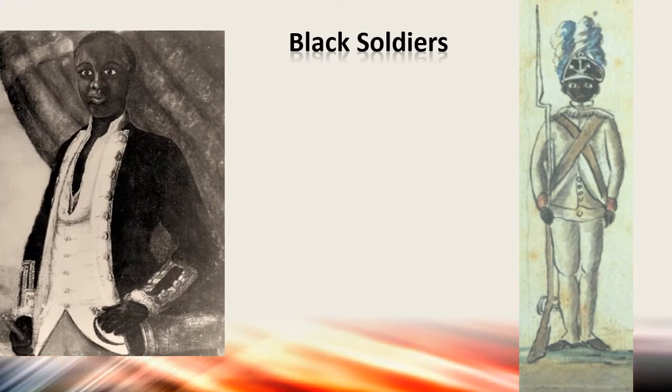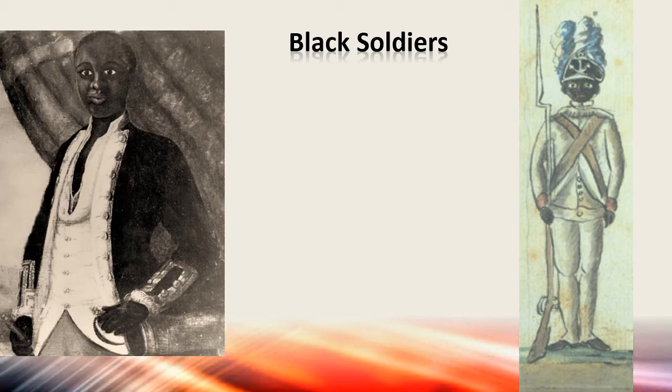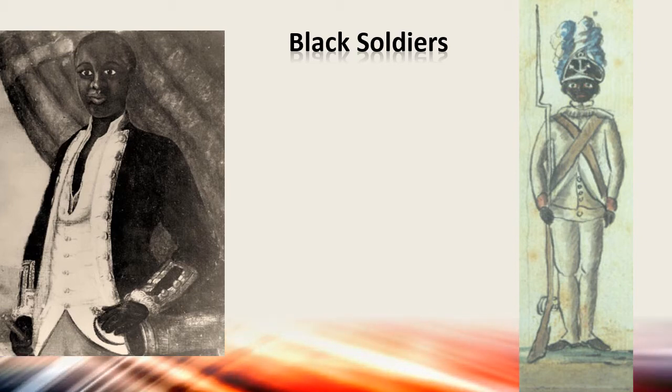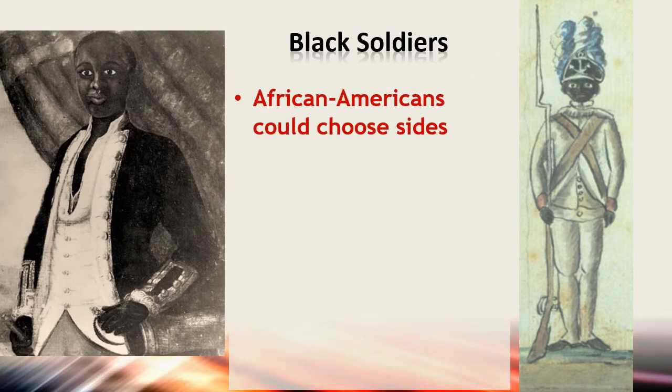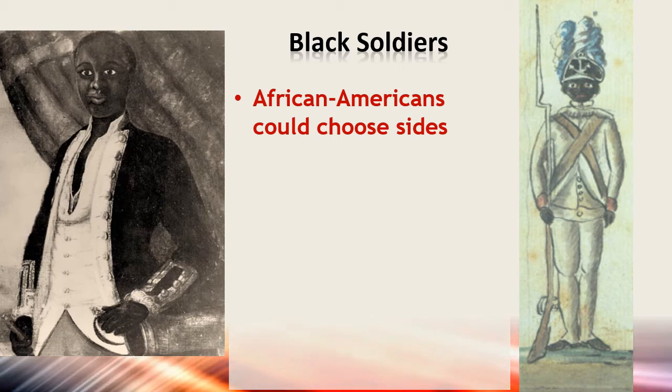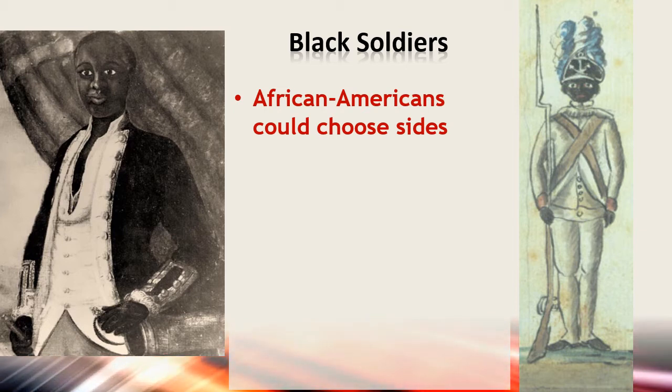Let's take a moment and look at the question of African Americans, Black British folks, and their position in the war. We do know that African Americans made some very conscious choices about who they thought would be more supportive of their overall goals and freedoms.